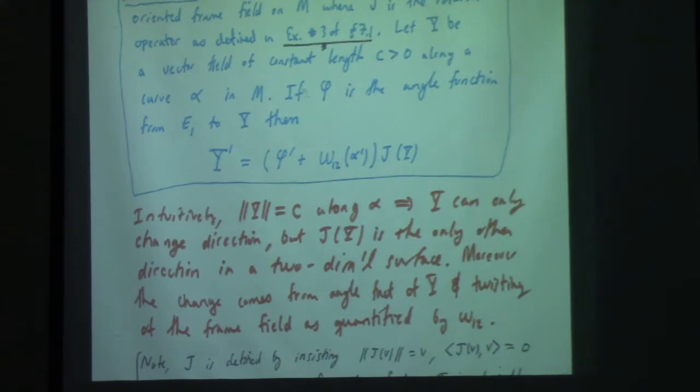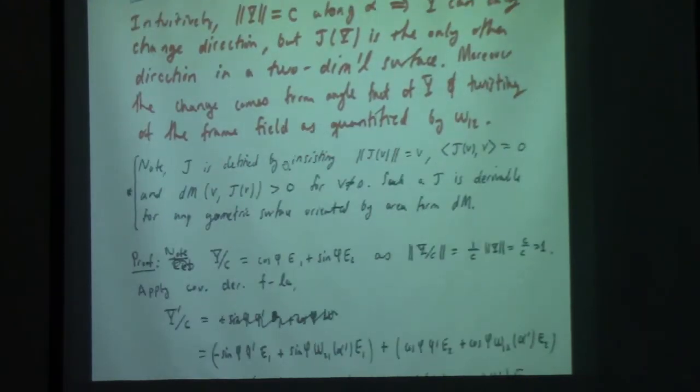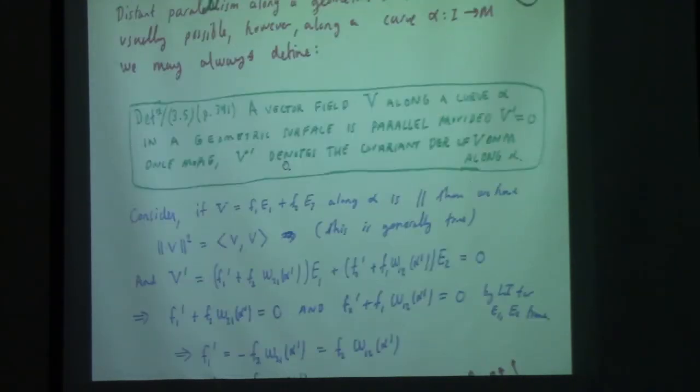The mechanics of that come from two things. For one, from the change of the angle function along the curve, which makes perfect sense: as the angle between y and e1 changes, the derivative of y should change accordingly. But it also comes from the rotation, the connection coefficients of the frame, the omega 1,2 of alpha prime.